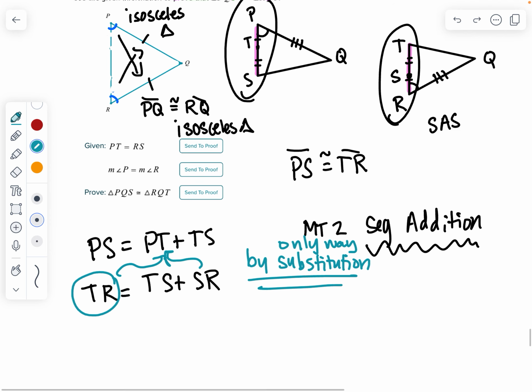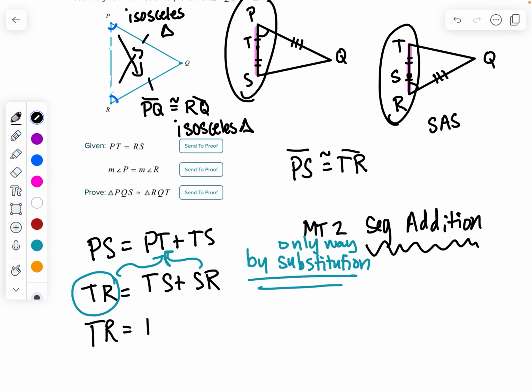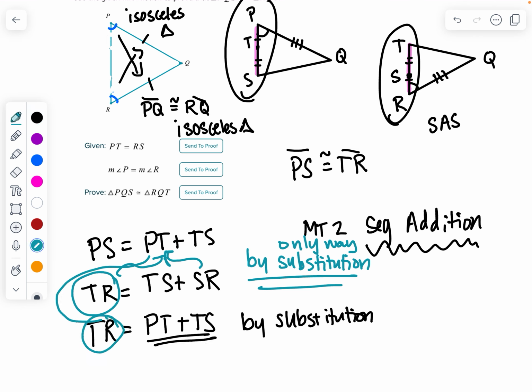So our next step, we need to say that TR is equal to PT plus TS by substitution. So we can then put this up there, so we can put this in its place. I hope that kind of makes sense.